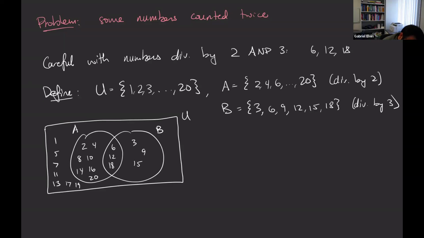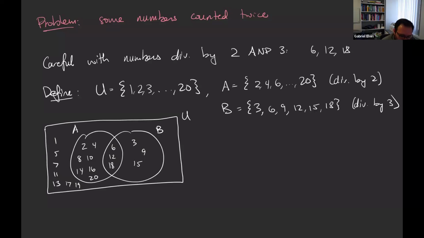Did I get them all? 1, 2, 3, 4, 5, 6, 7, 8, 9, 10, 11, 12, 13, 14, 15, 16, 17, 18, 19, 20. Okay. So that's what the Venn diagram could look like.